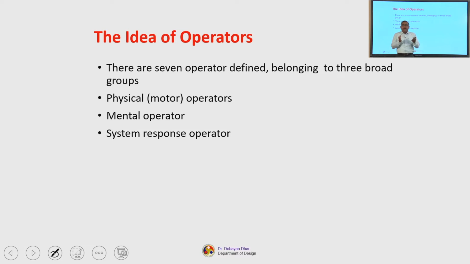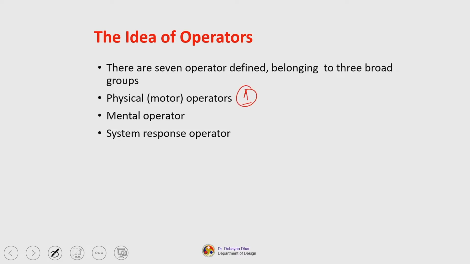Now, having understood the concept of operators, let us know how many types of operators there are. There are 7 operators defined that belong to 3 broad categories: the physical operators, the mental operators and the system response operator.